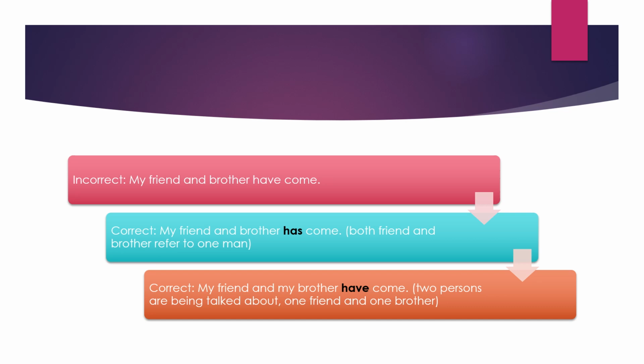This one individual happens to be using both the capacities, that of a friend and that of a brother as well. Therefore, the correction will be: my friend and brother has come. Considering that friend and brother is a single person, only one person who is both the friend and the brother.